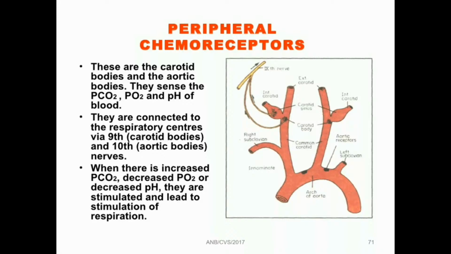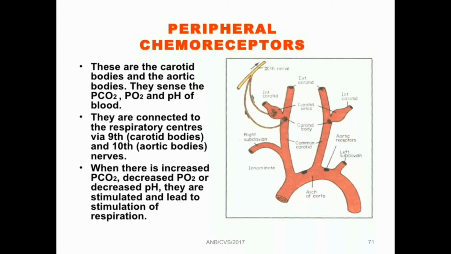They are connected to the respiratory centers through the ninth nerve for the carotid bodies and the tenth cranial nerve for the aortic bodies. When there is an increased partial pressure of carbon dioxide, decreased partial pressure of oxygen, or decreased pH, they are stimulated and lead to stimulation of respiration.